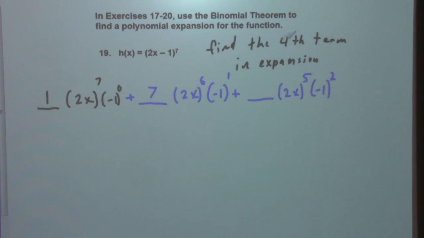Now the fourth term of the expansion is our next one right here, plus some number, and it's going to be 2x to the power of 4 and negative 1 to the power of 3. How do we find the number that goes here? We do an NCR, and what numbers do we use? 7, choose what?